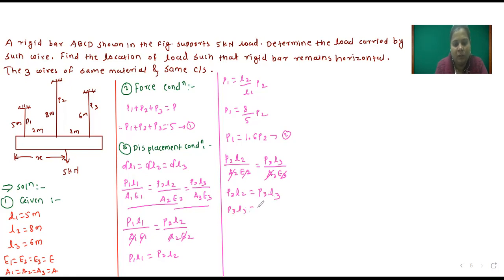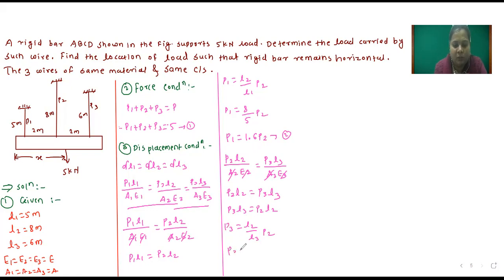P3 L3 is equal to P2 L2. Now P3 is equal to L2 by L3 into P2. We will put the value of P1 in terms of P2, the value of P3 in terms of P2, and P2 is already P2, so we will be able to find the unknown parameter.